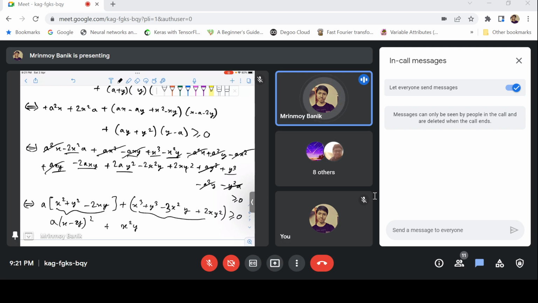So 3x squared y is obviously smaller than x cubed plus y cubed. Okay, not 3 but 2x squared y.